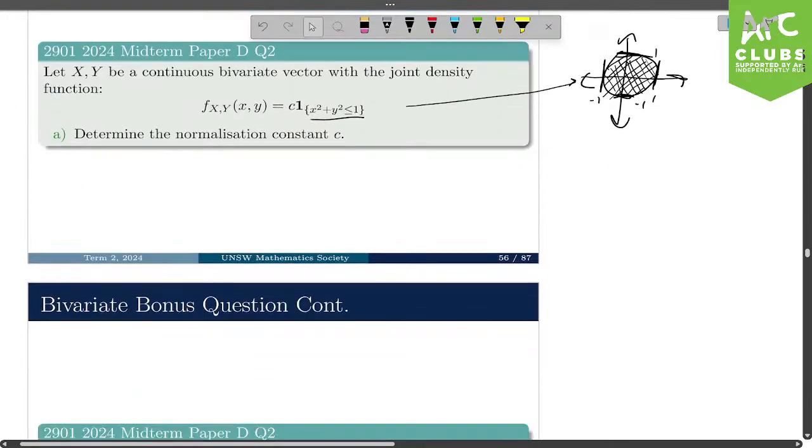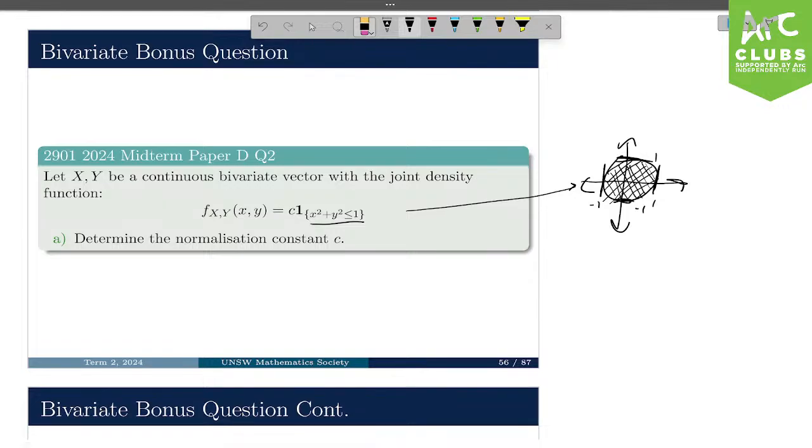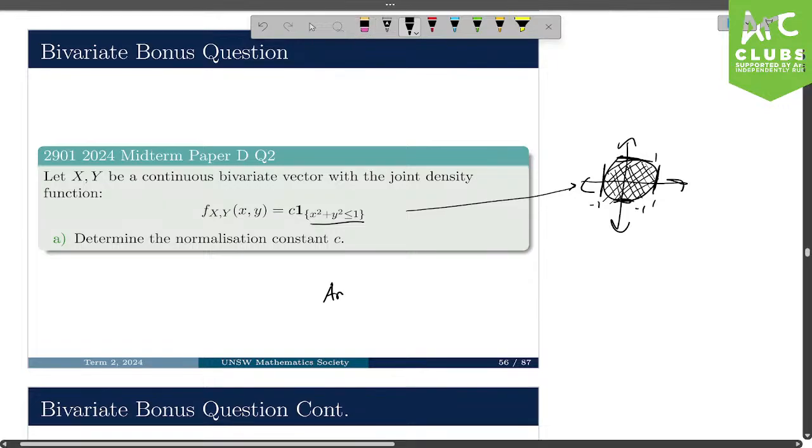Radius is 1. Fantastic. So first things first, I know that the integral of all my probabilities is 1, but I'm not going to use an integral on this, it's a circle. So the area equals pi r squared equals pi, so c pi equals 1.